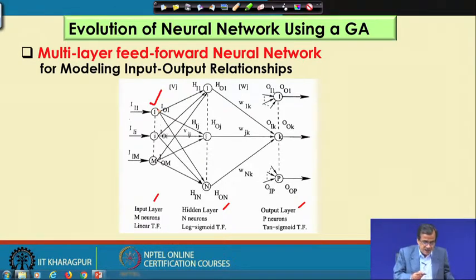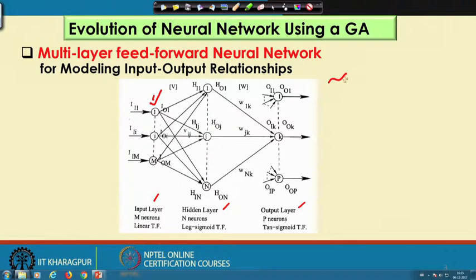Now, before I go for that, let me try to concentrate on this particular artificial neuron. And as I told, if I want to understand the principle of this artificial neuron, the first thing I will have to understand is the working principle of the biological neuron. And we know that in our nervous system, we have got a large number of neurons.